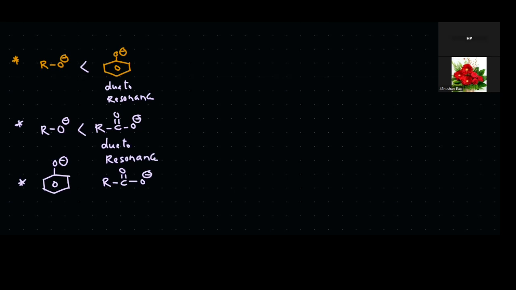Here also resonance is possible, here also resonance is possible. But RCOO minus is always more stable, due to equivalent resonating structures present in RCOO minus. Okay. Next, another example.